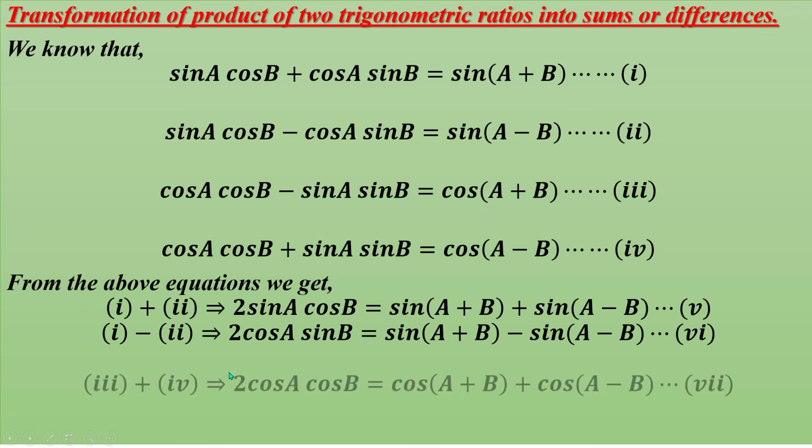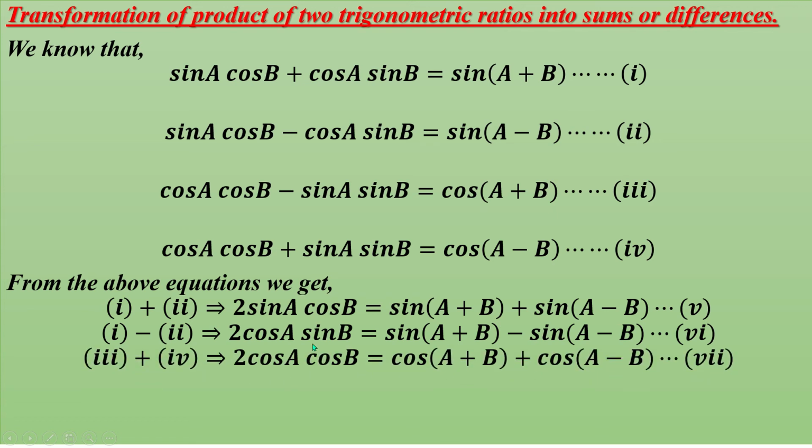That means follow here. Clear? And subtracting these two equations we'll get this and this cut, left side will be minus 2 sin A sin B, because this will also be minus, and right side will be cos(A plus B) minus cos(A minus B). But for vanishing the minus sign on the left side, we have to take minus common on the right side.